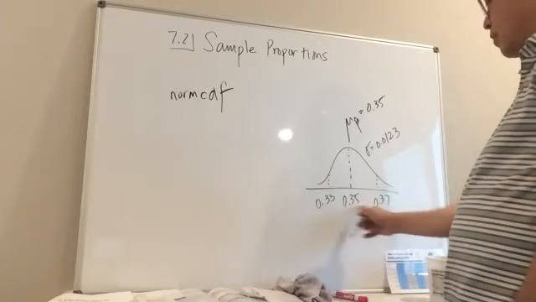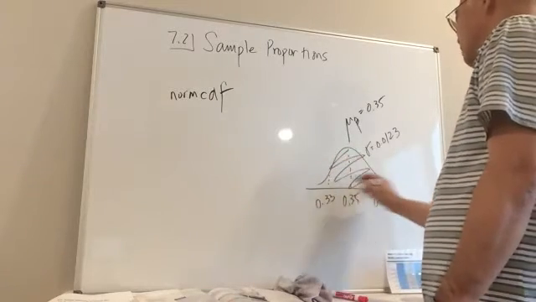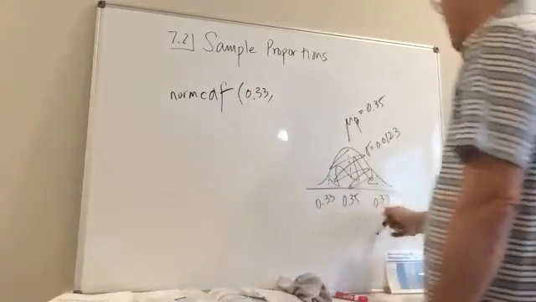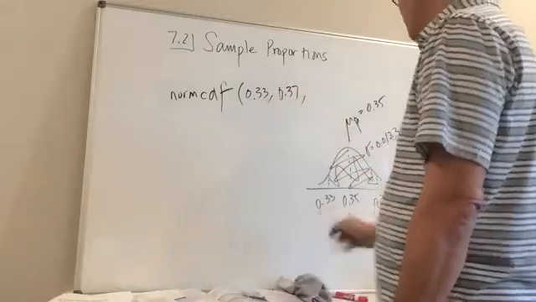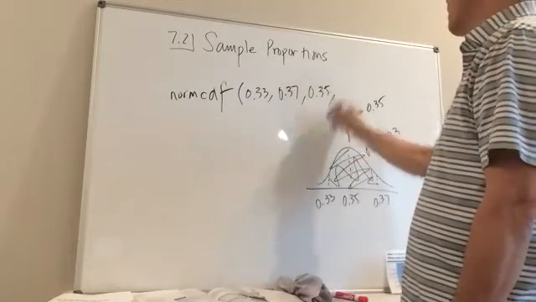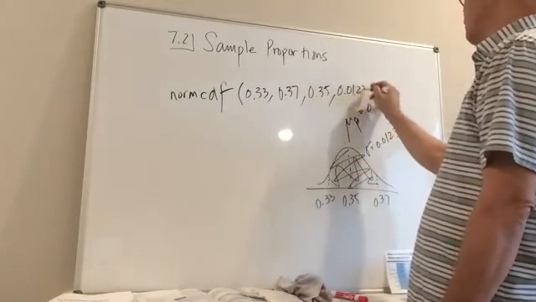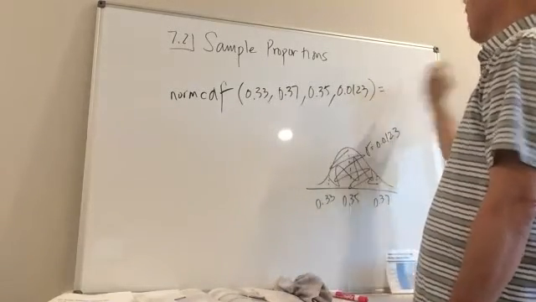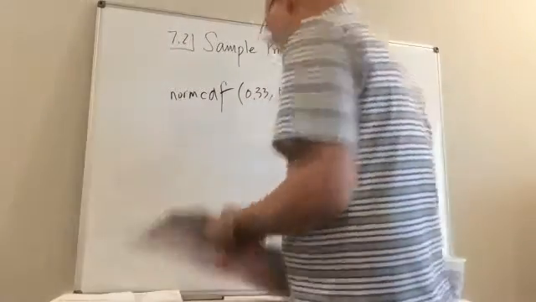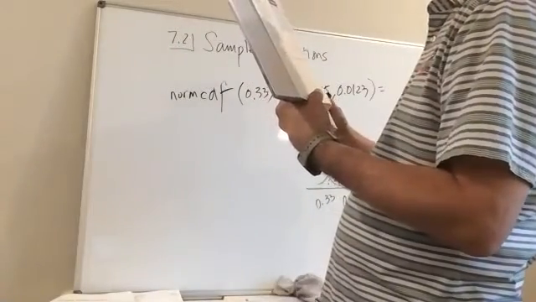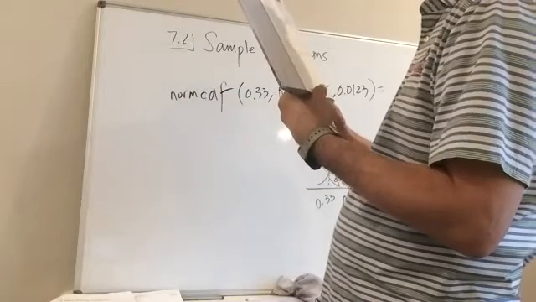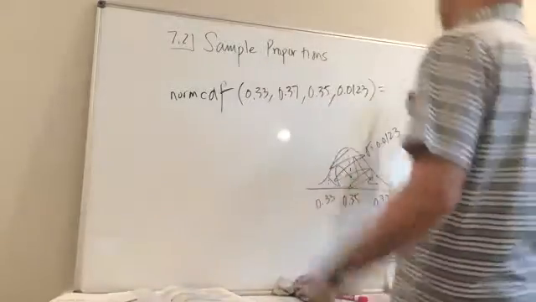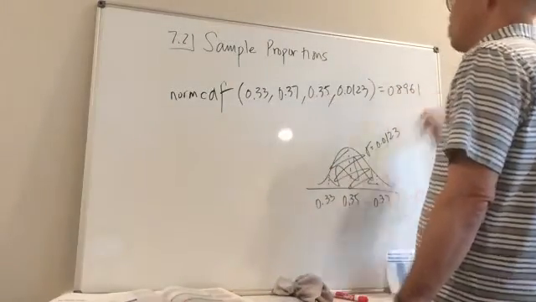It's 2 percentage points from here, right? So I'm trying to find this percentage here. So the lower bound is 0.33, upper bound is 0.37, with a mu of 0.35 and standard deviation of 0.0123. That's what I need to calculate on my calculator. And if I do that, what do I get? 0.8961.